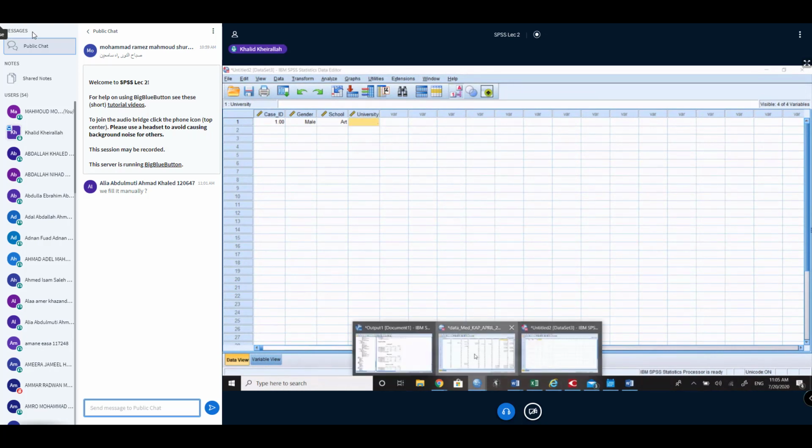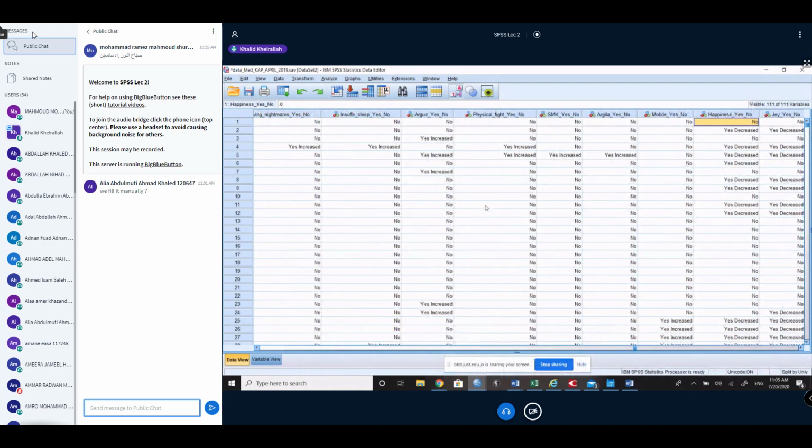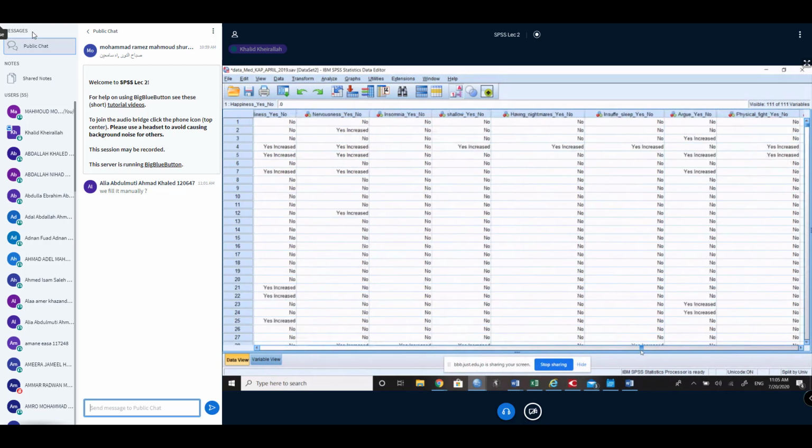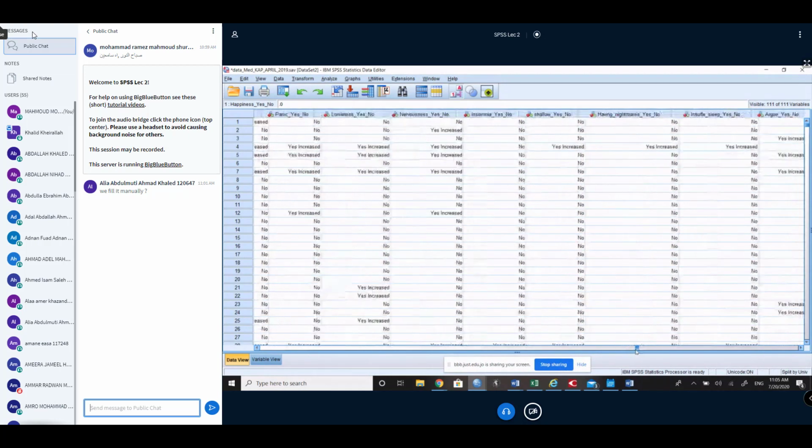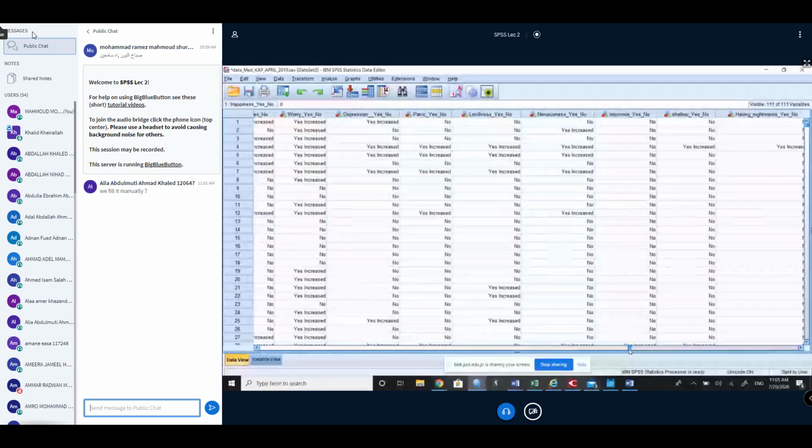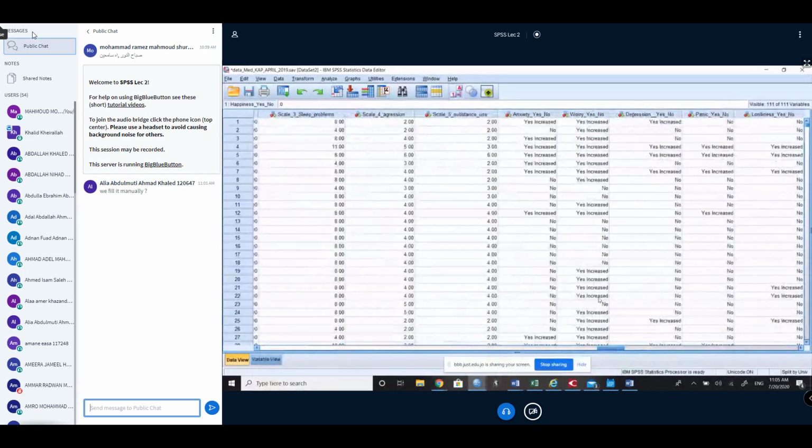If we go back to the actual data set, at the end of the questions, there's yes and no. For example, anxiety, yes and no. Worry, yes and no. Depression, yes and no. We're going to analyze these.